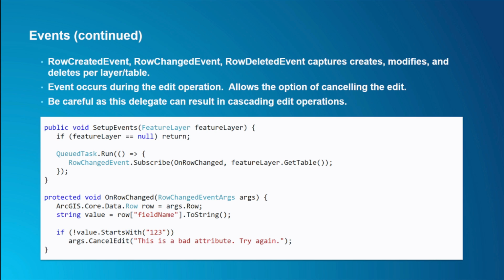Now, you have to be a little bit careful here because you are actually inside the edit operation. Be careful when you're updating an additional attribute because that would trigger a new edit operation. So you can get into a situation where you're ending up in cascading edit operations. If you do that, be sure you have an exit clause. Otherwise, you quickly run into edit operation overflows, and that's not pretty. It's just something to be aware of.